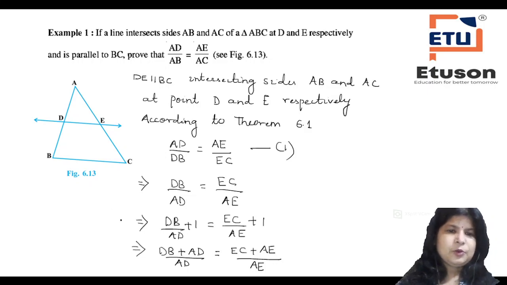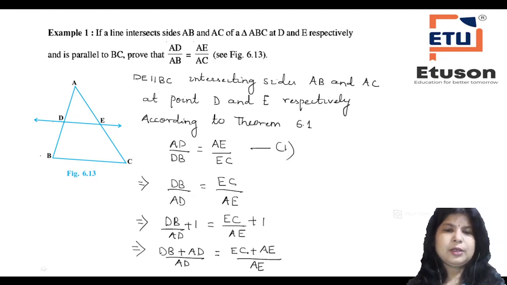So from this, what is DB plus AD and what is EC plus AE? Just check it. What is DB plus AD? D to B is this portion, right? And A to D is this portion. That means if you add DB and AD, the answer is your AB, right?